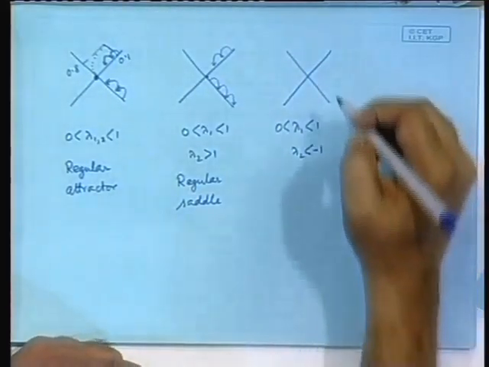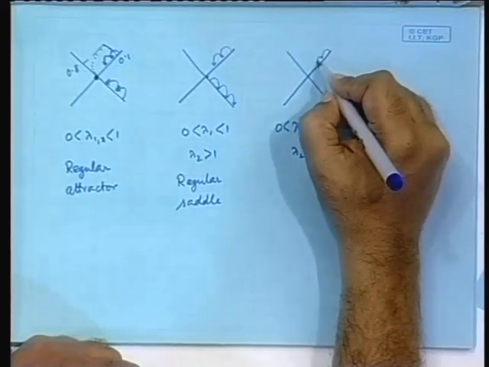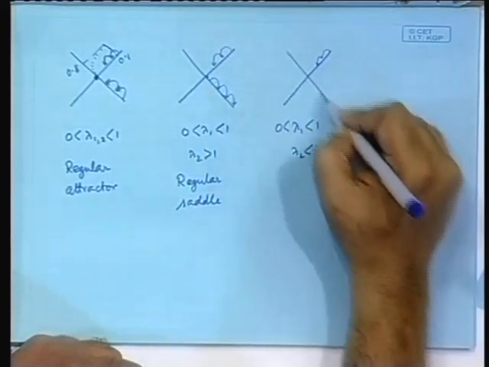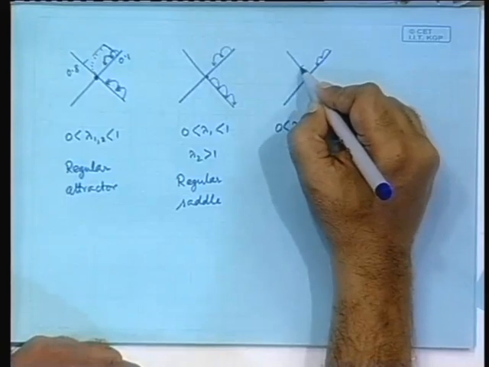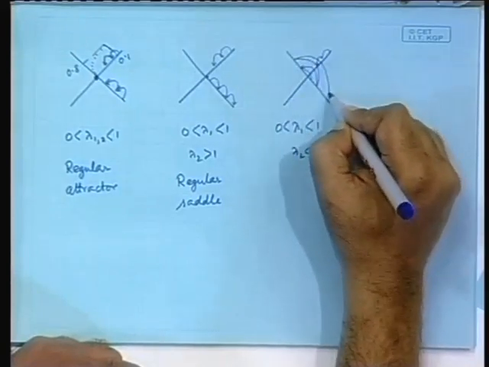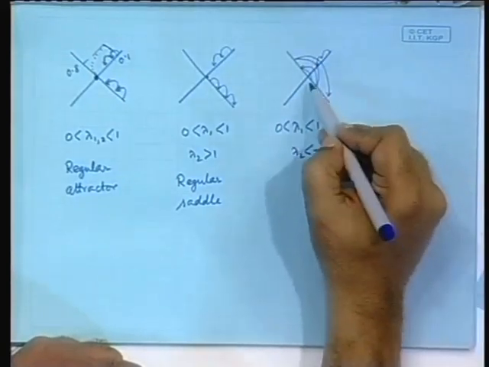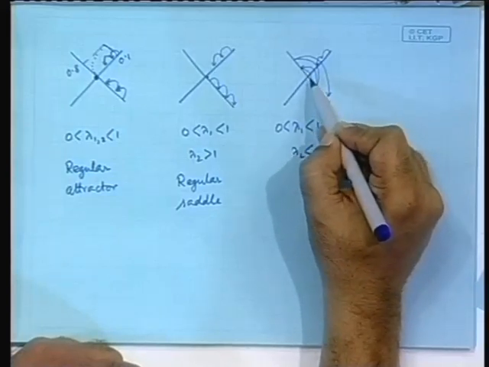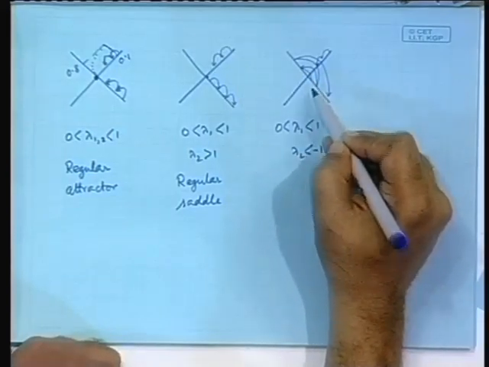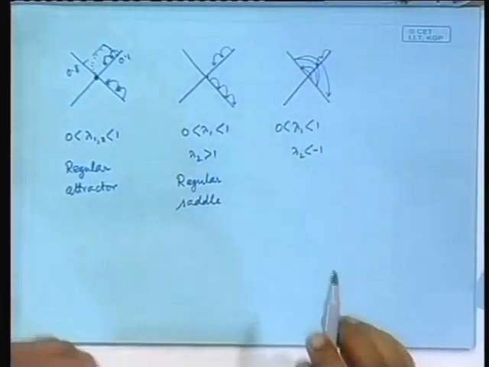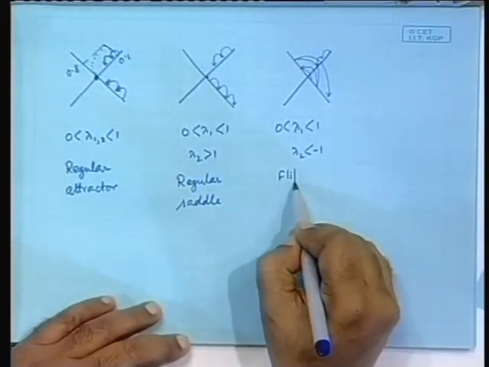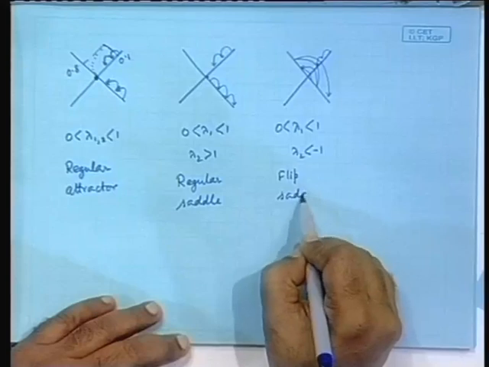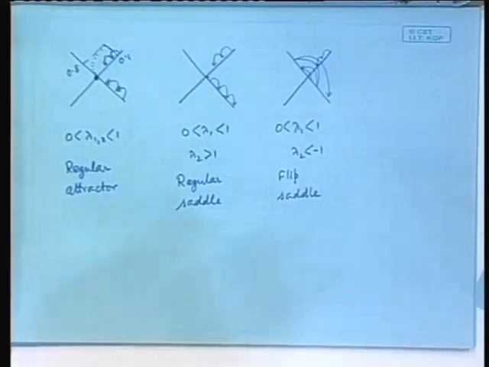So how will the behavior be? If this is the regular direction and if this is the flip direction, the behavior would be like this. It will actually go from one side to the other and therefore it will be flipping. This is a flip saddle. This is what we have done.